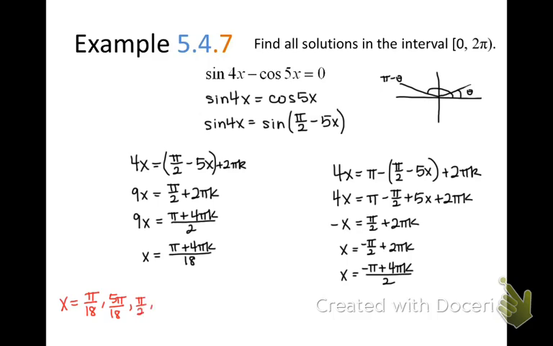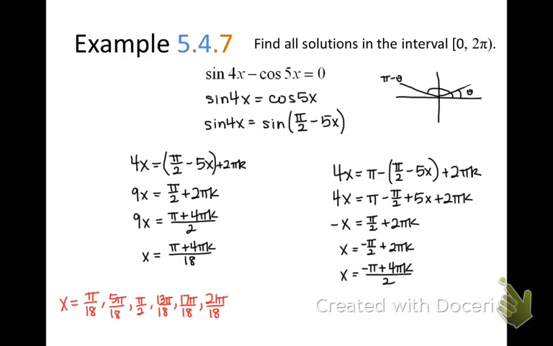So I was at 9π/18. If I add on another 4, I get to 13π/18. If I add another, 17π/18. So I'm going to have quite a bit here, aren't I? Okay, plus another 21π/18. Could I simplify that one?